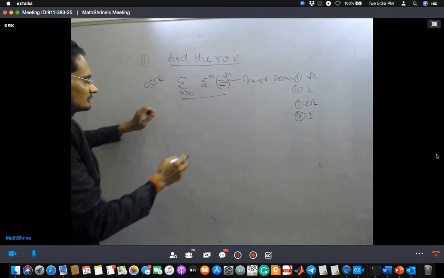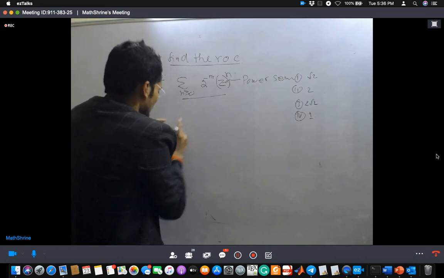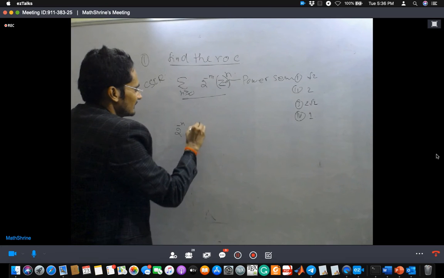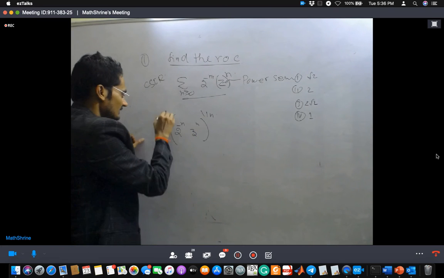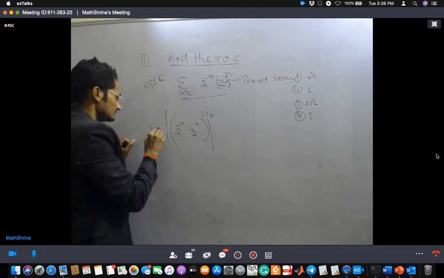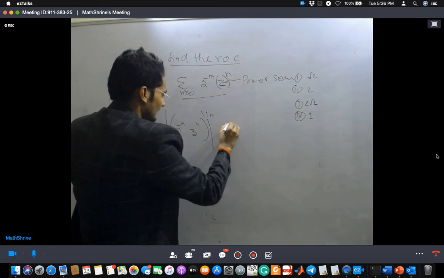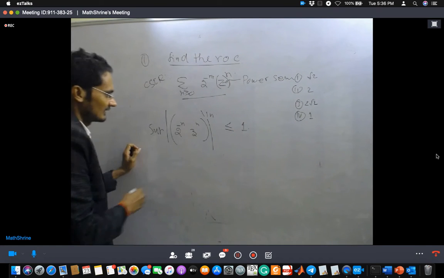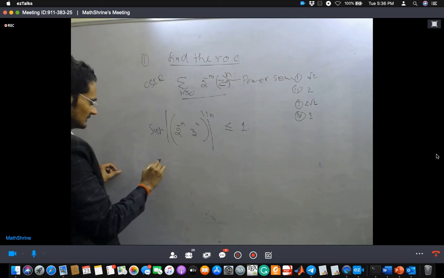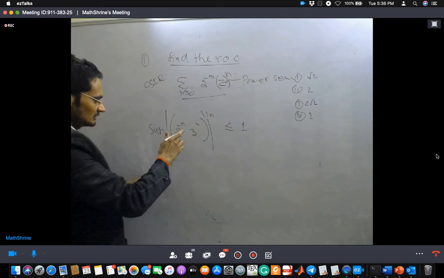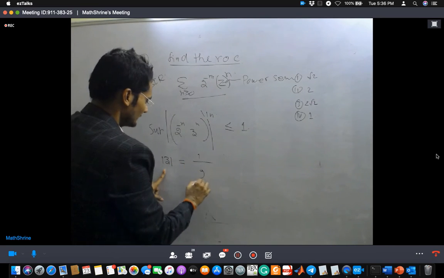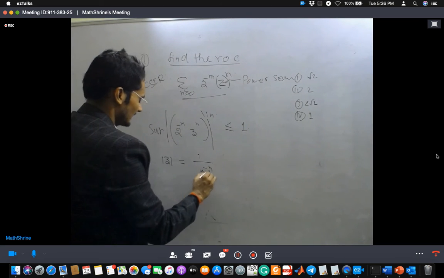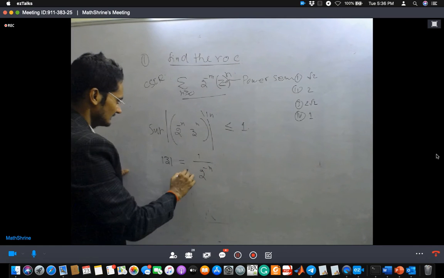So what should we do, tell me? This is a series, 2 raised to the power minus n, z power n, take the whole power 1/n, simply take the supremum. How much should it be? This is less than or equal to 1, right? So see, this will come out as |z|, the n will be cancelled out, equal to 1 upon 2 raised to the power minus n, and we need the supremum.